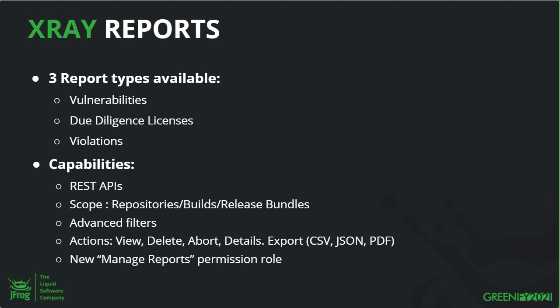So it will help you gain insight on a bigger scope, and it will also allow you to define advanced filters to narrow down to those findings that you're looking for, let's say by severity or by a certain CVSS score or list of licenses that are of interest to you.